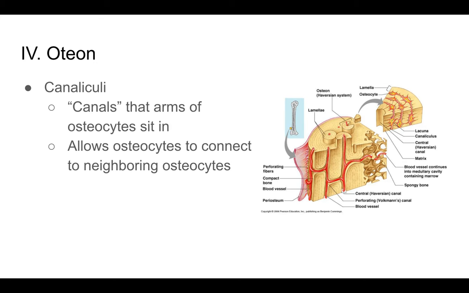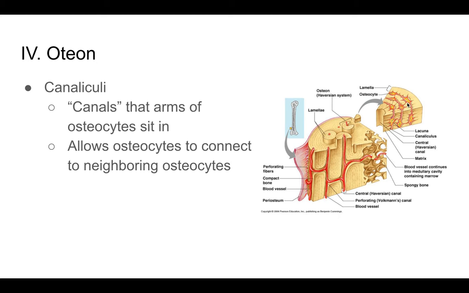What's important about this is that it allows osteocytes to connect to neighboring osteocytes. For example, this cell way out here is trapped. All of these osteocytes are trapped. That's sort of the definition of an osteocyte: it is a trapped bone cell. Because it is trapped, it has no access to nutrients.